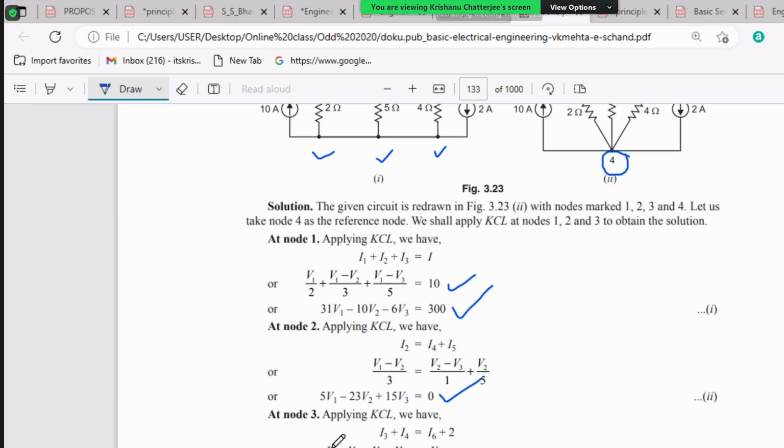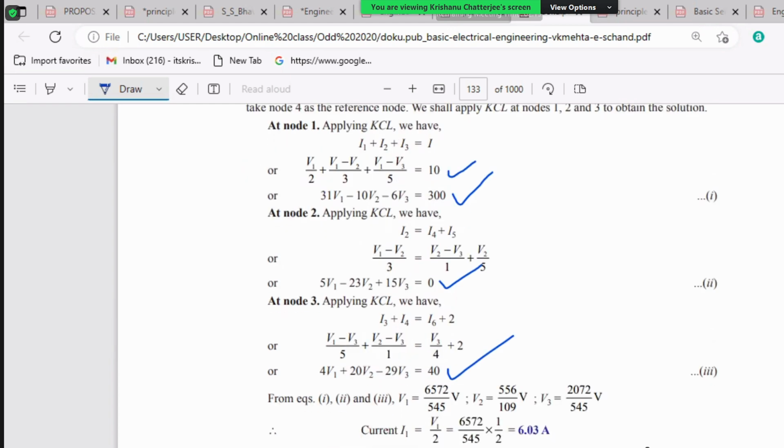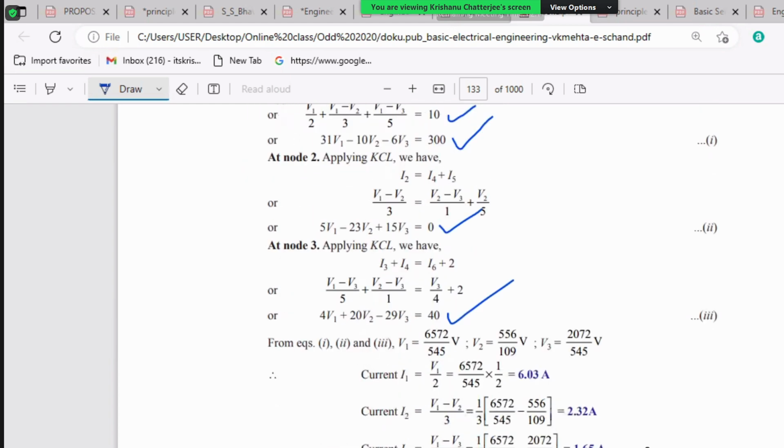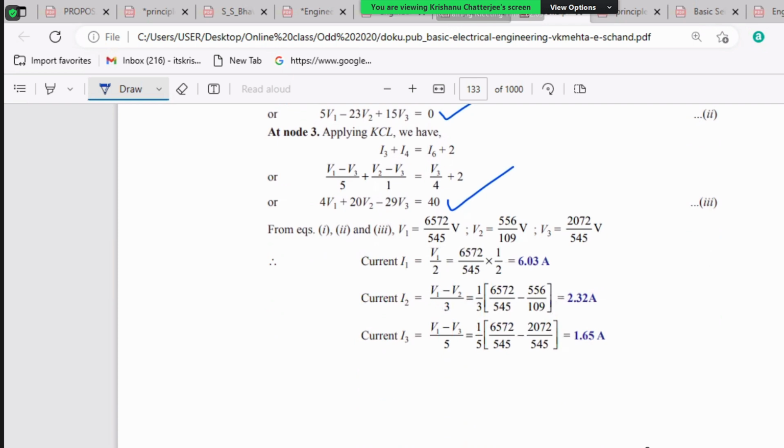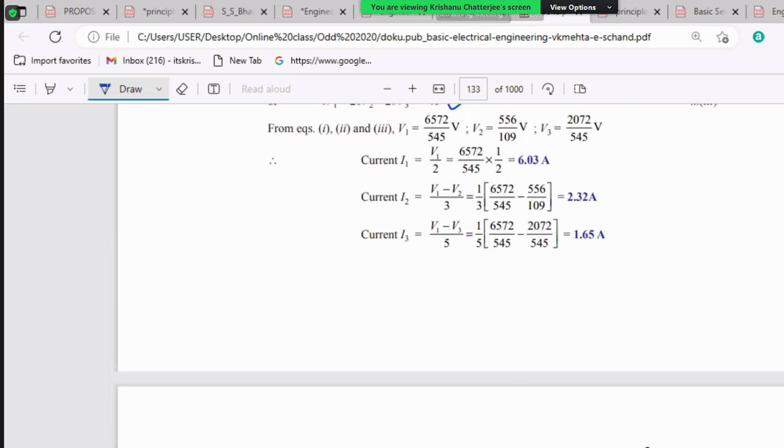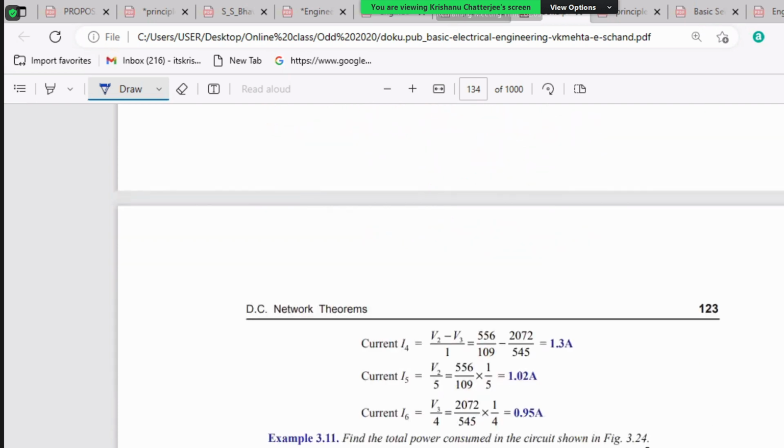If we know everything, you just put it in, you will get the equation and solve it. Solving, you get V1, V2, V3, and from V1, V2, V3, you can find all the currents. Obviously, currents I1, I2, I3 are all positive, so everything, the directions we have assumed, are right.